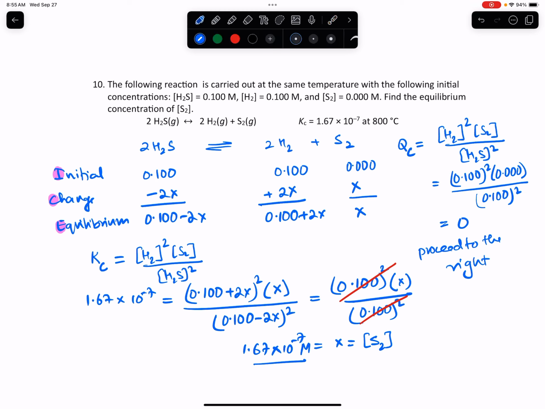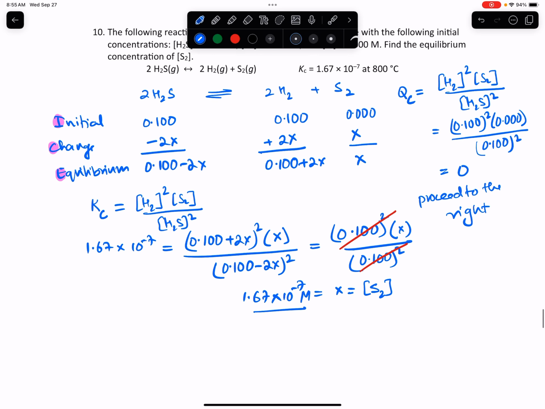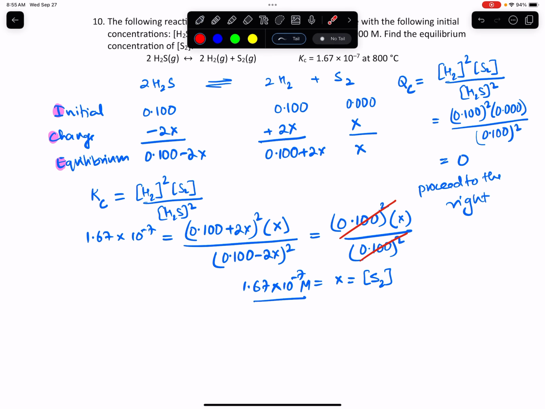The way to test it is, whatever the solution for x is, if you take it away from the number that you're subtracting it from, is the x term going to be less than 5% of that number? Basically, compare this number to this number, and is it less than or equal to 5% of it?